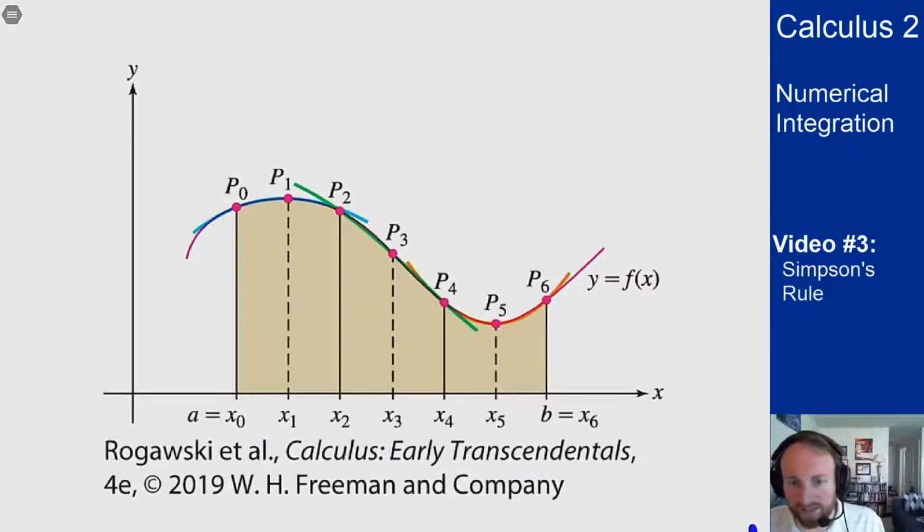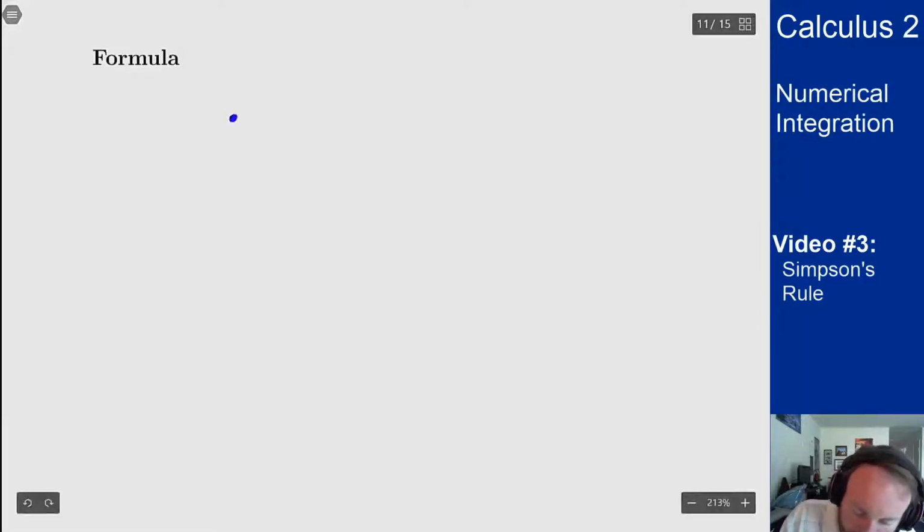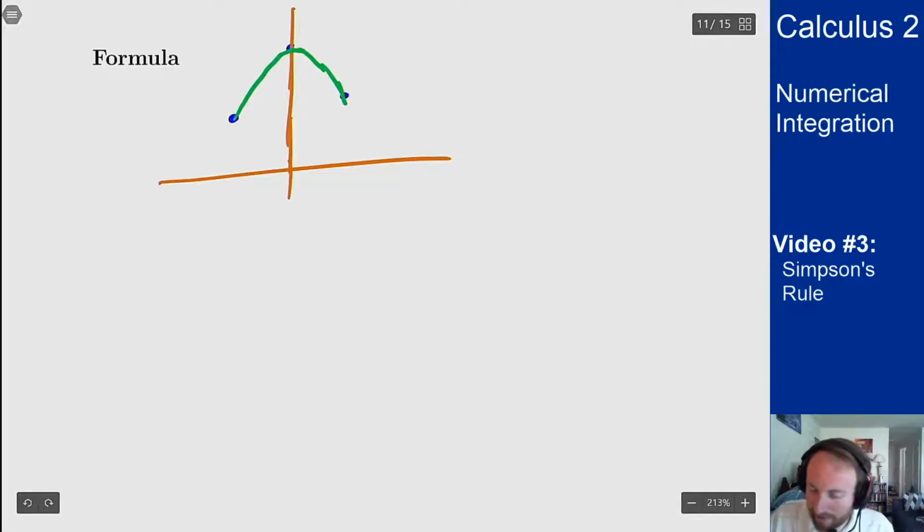So instead of having a rectangle, which you could do rectangles as well, but for this setup, we're using parabolas to approximate the areas and not rectangles. So what does this formula here look like? Well, the issue really comes down to, how do I find the area under a parabola that I know goes through 3 points? So if I were to have 3 points here that I know are at, for instance, we'll say this is y0 and negative delta x.